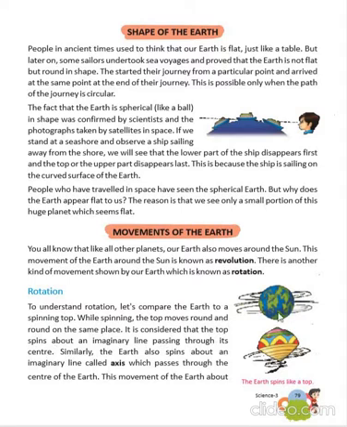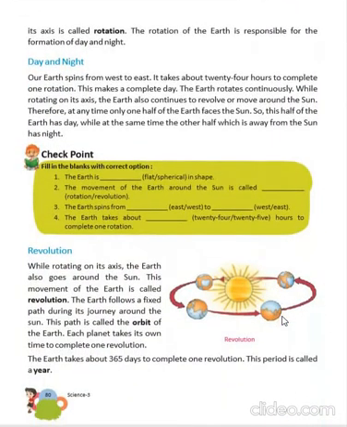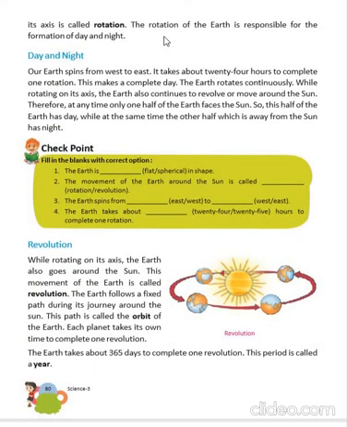Similarly, the Earth also spins around an imaginary line called axis which passes through the center of the Earth. The movement of the Earth about its axis is known as rotation. And the rotation of the Earth is responsible for day and night.